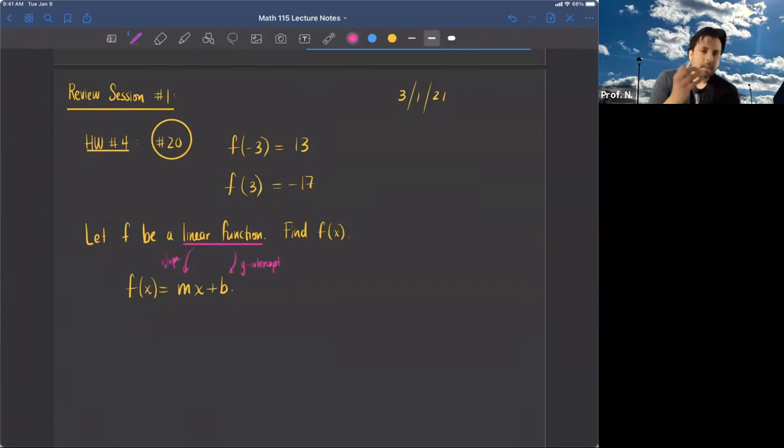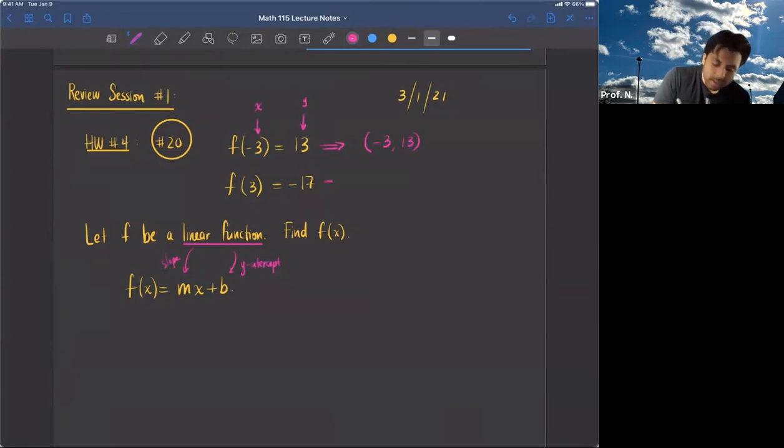What you should start to make the connection is that f of negative 3 equals 13 means the following. It means that the x value is negative 3 and the y value is 13. So in other words, I have the coordinates negative 3 comma 13. That's one of my coordinates.